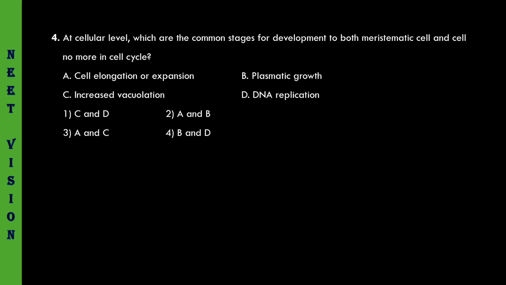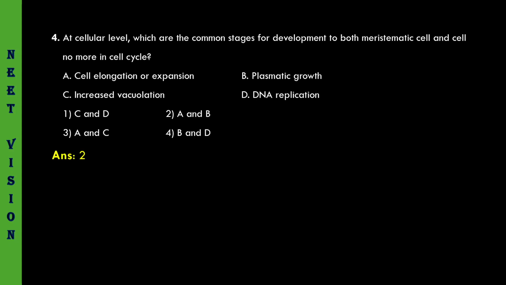Cell elongation or expansion is shown by both derivatives during differentiation as well as cells that retain the dividing ability of the initial cell. Plasmatic growth is shown by both. Increased vacuolation is shown only by the cells undergoing differentiation, but not by cells which have the dividing ability. DNA replication can be shown only by cells which have the dividing ability, but not by the cells undergoing differentiation. So A and B are correct. Second option must be the correct one.